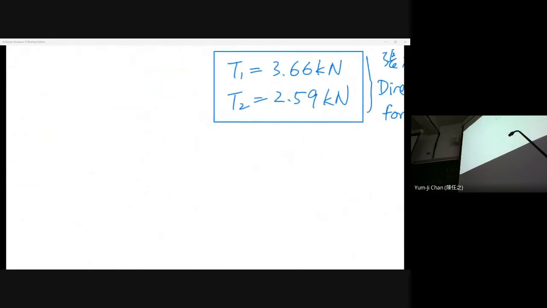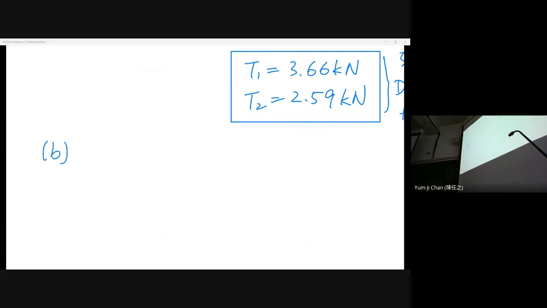Now we go on to part B. What do we know here? We know the magnitude of the resultant, 5 kilonewton, and we know the direction of T1.